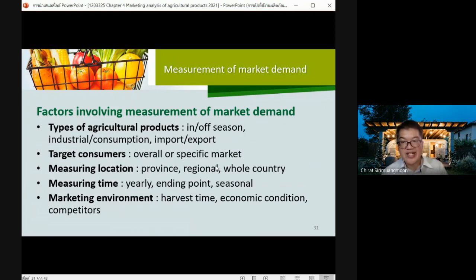It's like Pulai pineapples again. I mentioned this in the chapter 2 activities. Actually, Pulai pineapple is a seasonal fruit, but they can produce it and force it to be available all year round. But different seasons might have different demand.